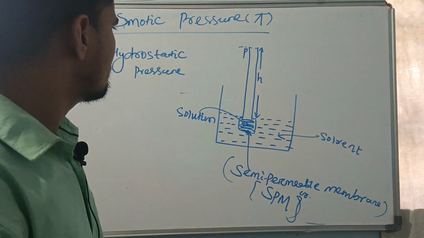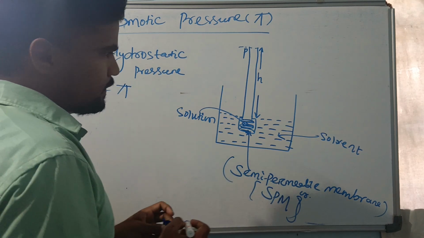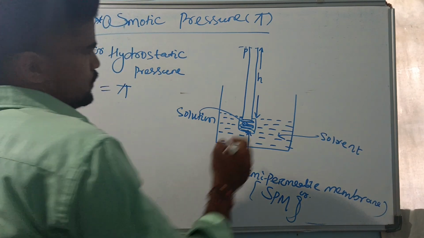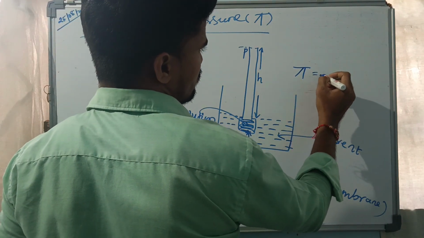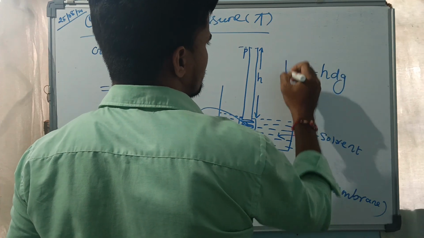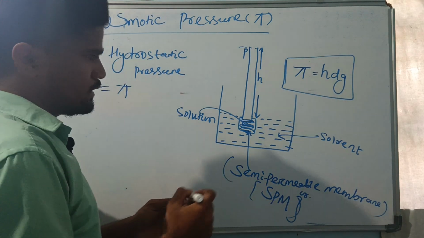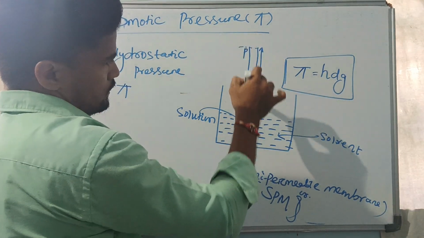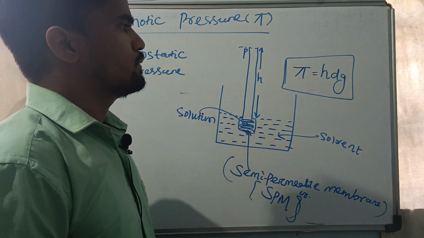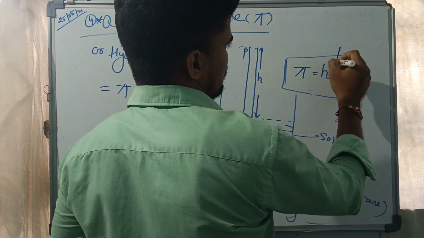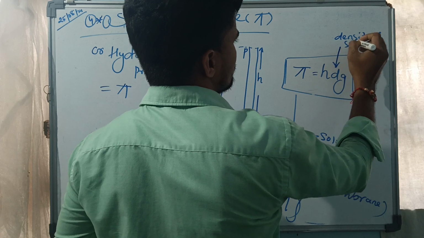P is the pressure, so hydrostatic pressure is also equal to osmotic pressure. Pi, represented for osmotic pressure, is equal to hdg. Here h is the height of the level in the tube of the particular solution, d is the density of the solution, and g is what?